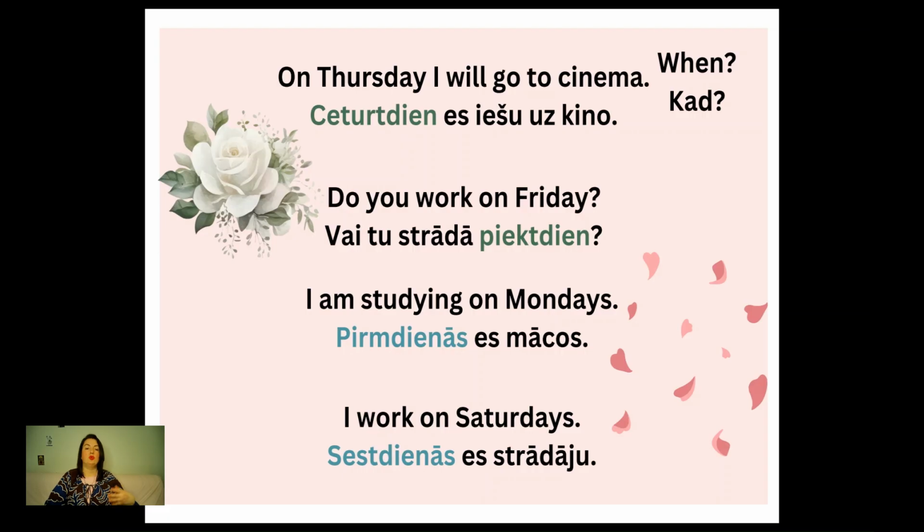So it tells you an exactly specific time. Here I'm studying on all Mondays, not only one Monday, because if it were only this Monday, I would say pirmdien es mācos. But because the person is studying on many Mondays, continuously, you would say pirmdienās.